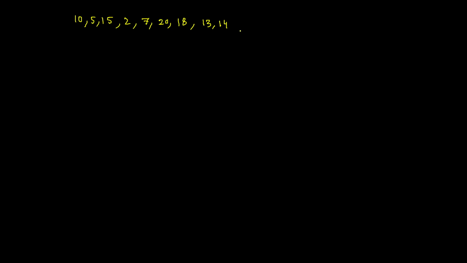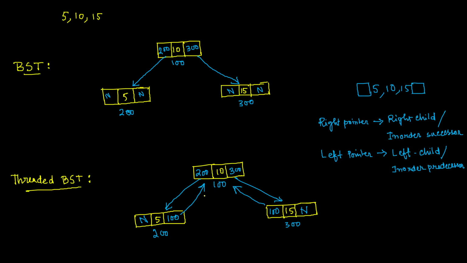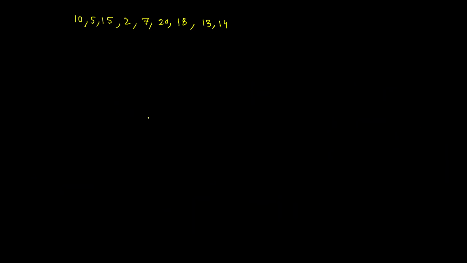So we have to create a binary search tree which is threaded. It's not a simple binary search tree, so it will not become only something like this. It will have some feedback lines, basically something like what we have just seen. So let's draw it.